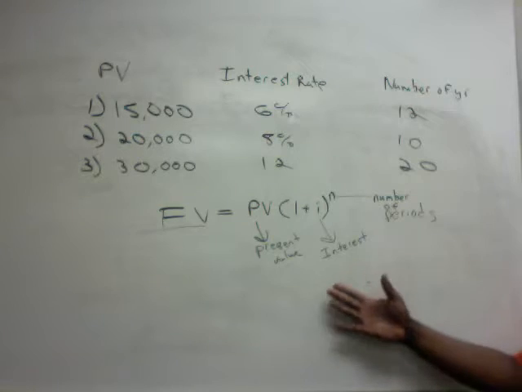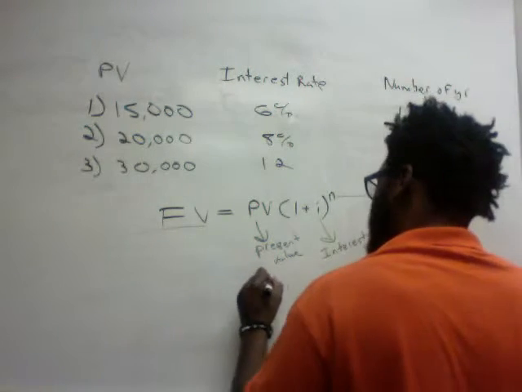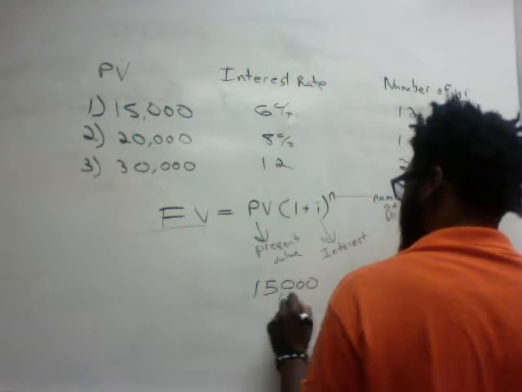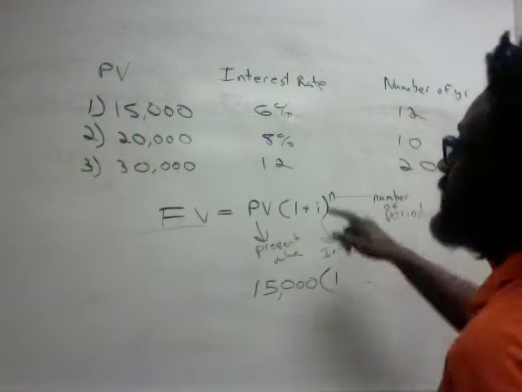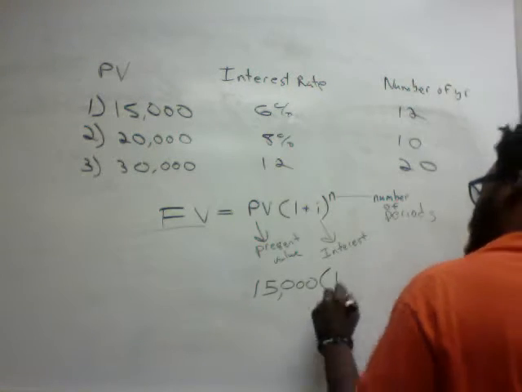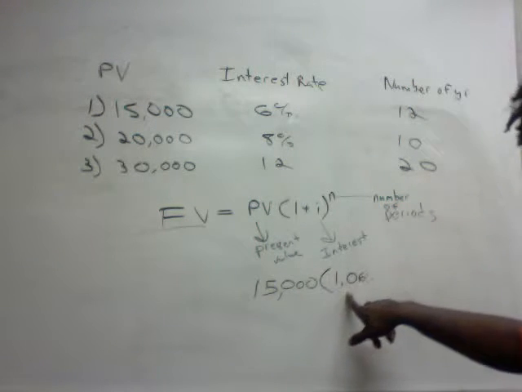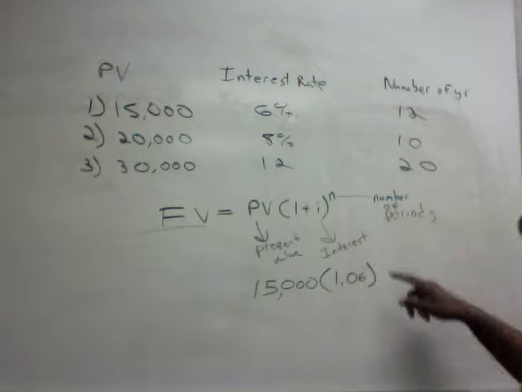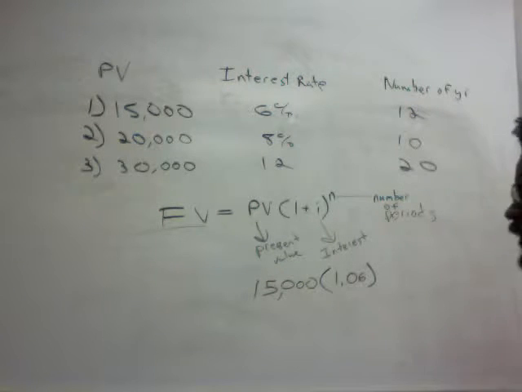So I could easily use this formula, guys, if I choose to, right? We have 3 ways to do it, but this is the formula way. So what I would do is take the present value of 15,000, multiply times the quantity 1 plus I. The interest rate is 6%, so we need to convert that into decimal to keep everything the same. So 0.06. And of course, we have the nth power, which represents the years. The periods are years in this example. So we raise it to the 12th power.